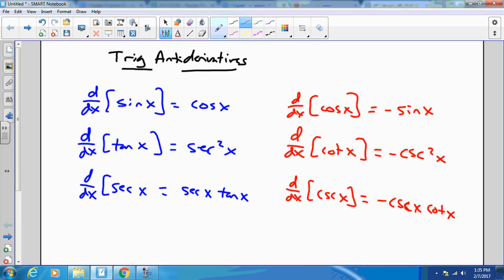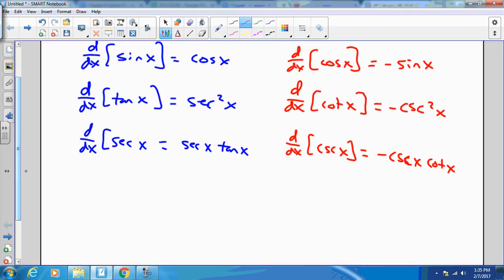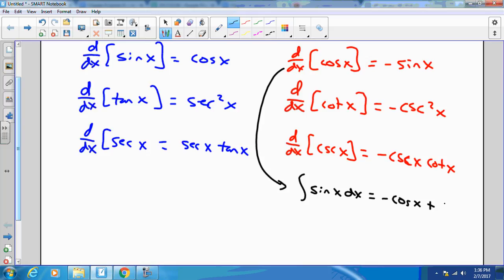Now, we have these 6 derivative rules. Our next step in the process then is to turn them into antiderivative rules, so that each one of these now gives us an antiderivative. For example, the antiderivative of sine x is negative cosine x plus c.